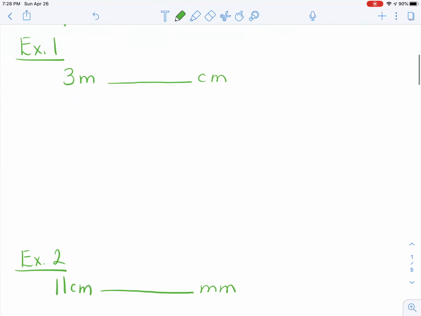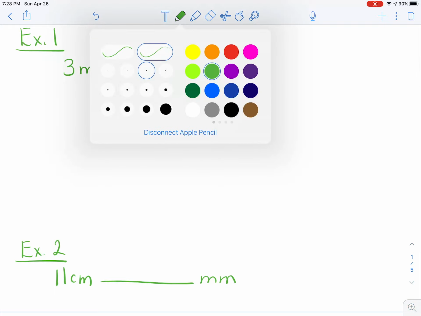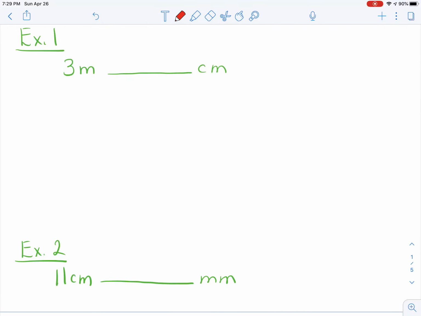Okay, let's look at example 1. Example 1 says 3 m, that's one letter, so that's got to be meters, converted to how many centimeters? So King Henry died by drinking chocolate milk.